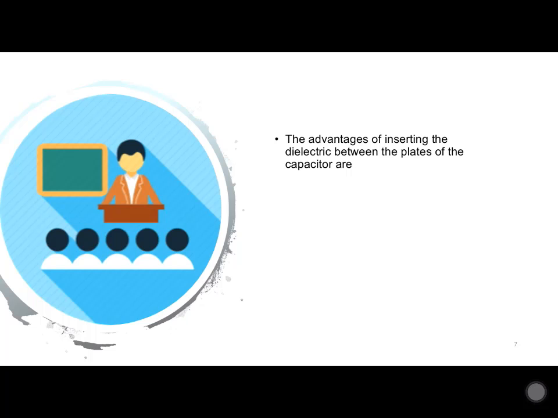So the advantage of inserting the dielectric in between the plates of the capacitor is to increase the capacitance, because the capacitance depends on the area of the plate, the dielectric material, and the distance between them. It also increases the maximum operating voltage.